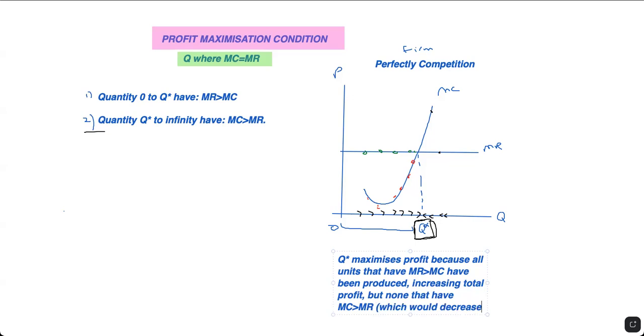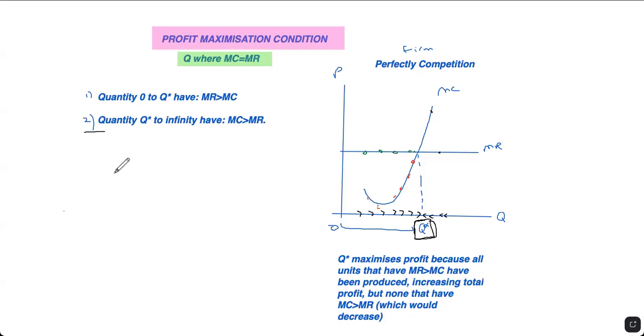You've captured all the possible increases in total profit. Okay, so hopefully that is a nice introduction to the profit maximizing condition, why we say the quantity where MC equals MR maximizes profits. You're capturing all the possible increases in total profit, and you're not going as far as starting to decrease your profit based on the shape of the MC curves.